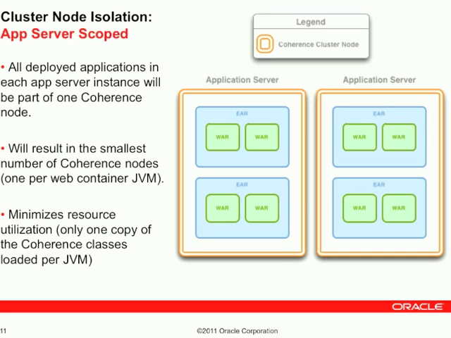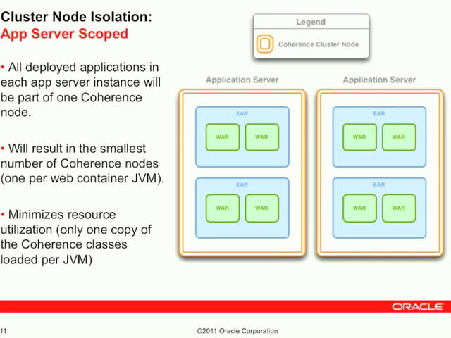Well, the Coherence cluster service is class loader scoped, and therefore each member is defined by the cluster service. So if you have multiple cluster services running in the same JVM, you will have multiple members in a single JVM.